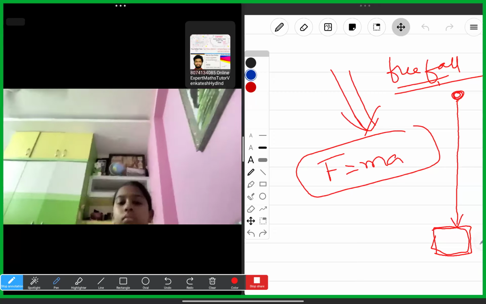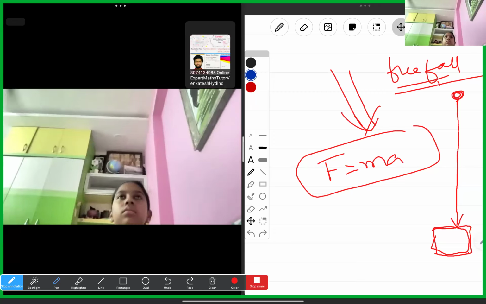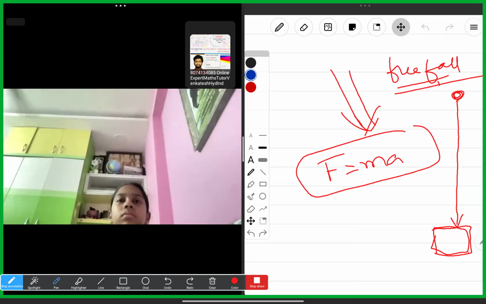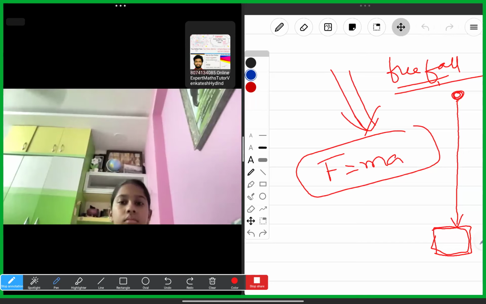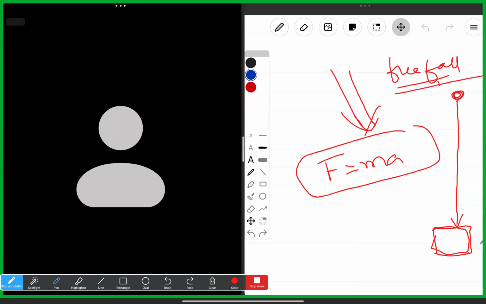As the body comes closer to the earth, the distance between them decreases, no? So as distance decreases, the force should increase.